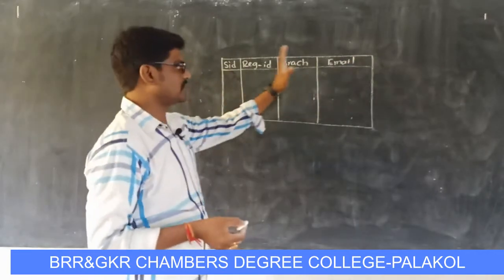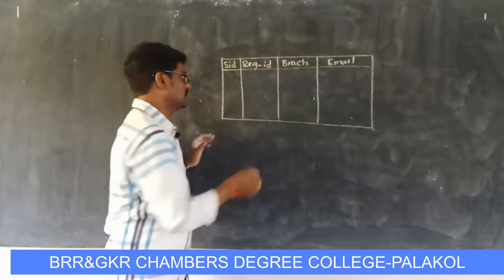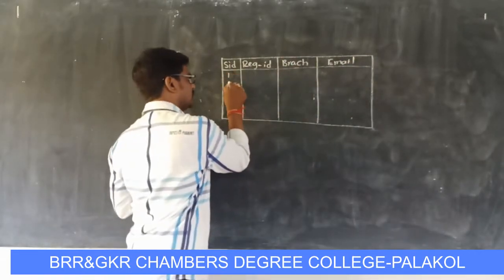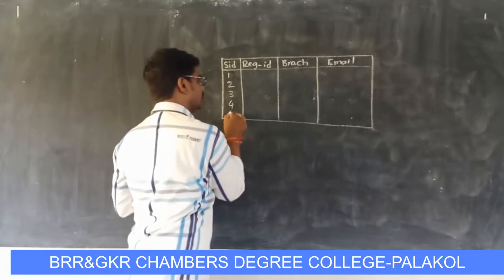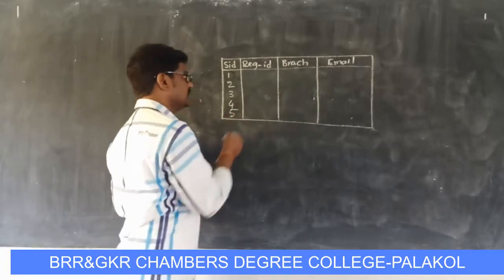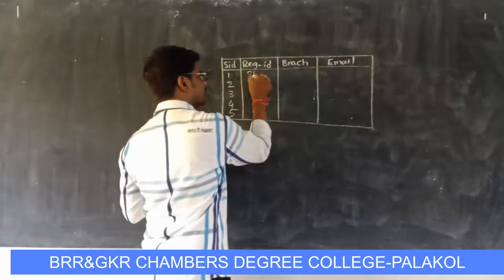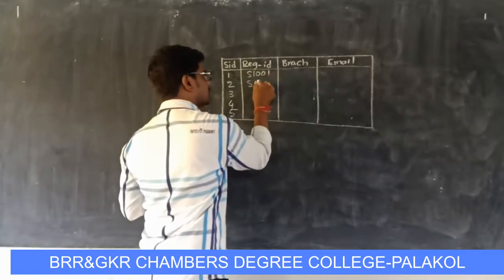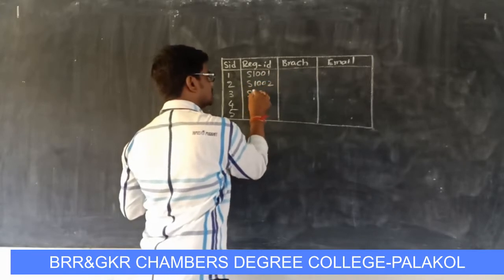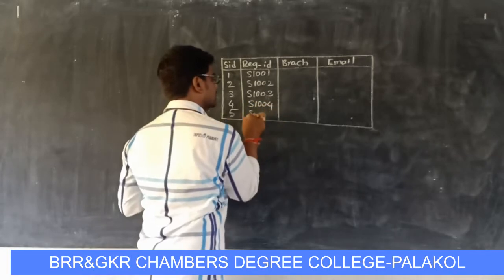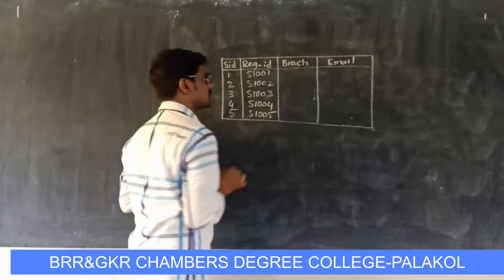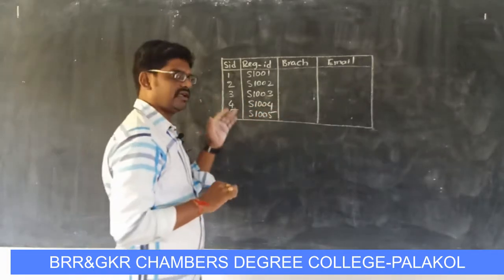These are all the attributes of the table. The student IDs are 1, 2, 3, 4 and 5. The registration IDs are S1001, S1002, S1003, S1004, S1005, the registration IDs of the students.